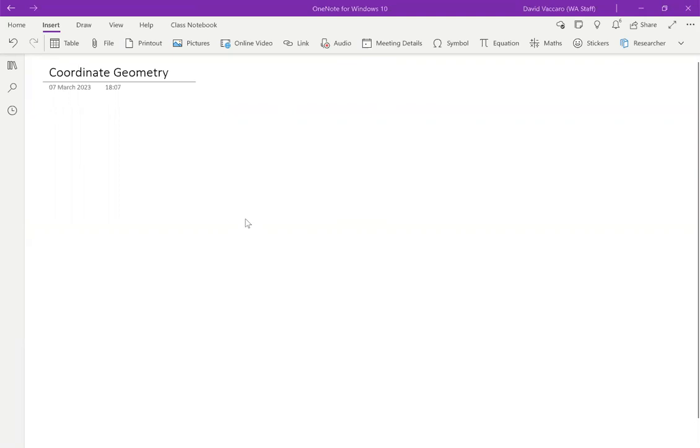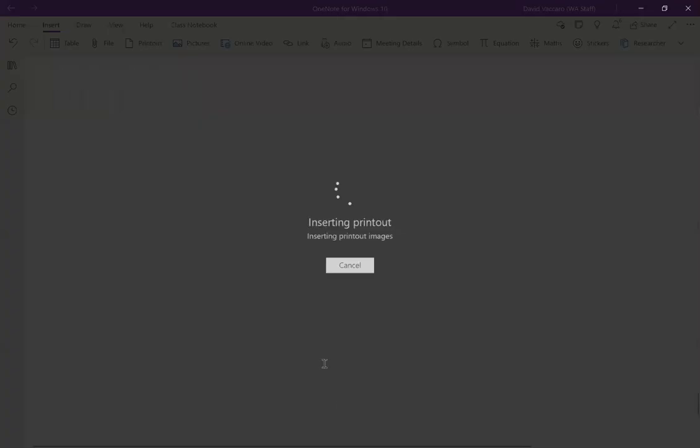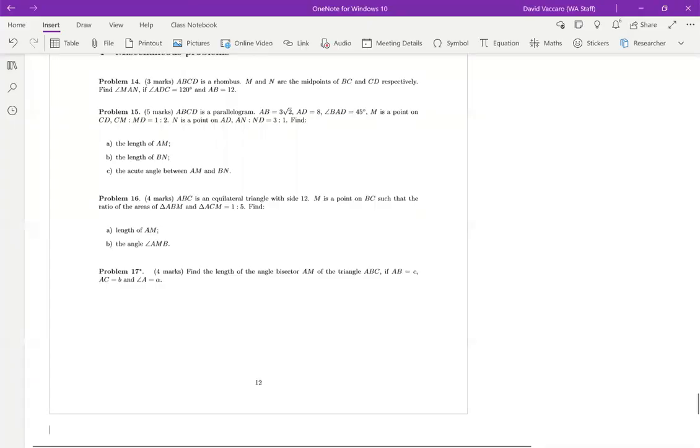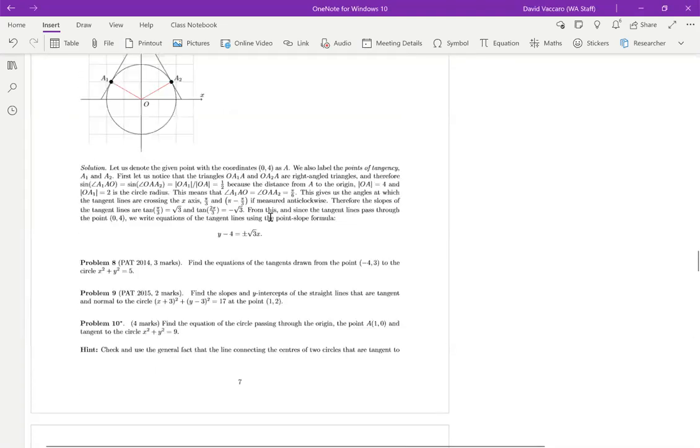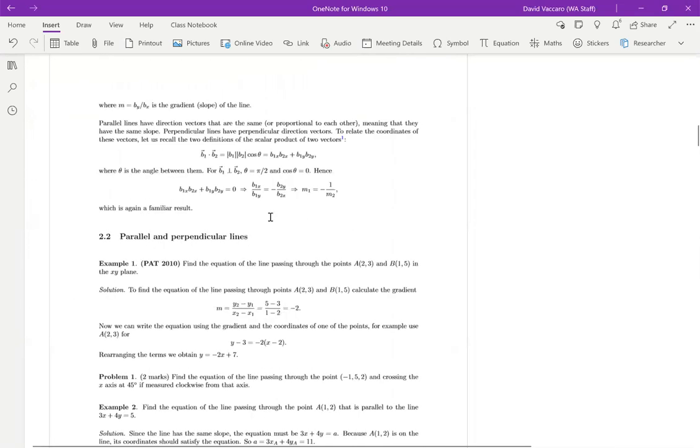As I pull it up, if you could let me know any particular topics that you're keen to go over, because I won't be able to do every question on the sheet, or if there's a particular question number you'd like to do, let me know in the chat. Otherwise, I will get started. From the chat, question number 7. Okay, I'll start on a slightly earlier question just to get warmed up, but I'll make sure that I include question 7 along the way.